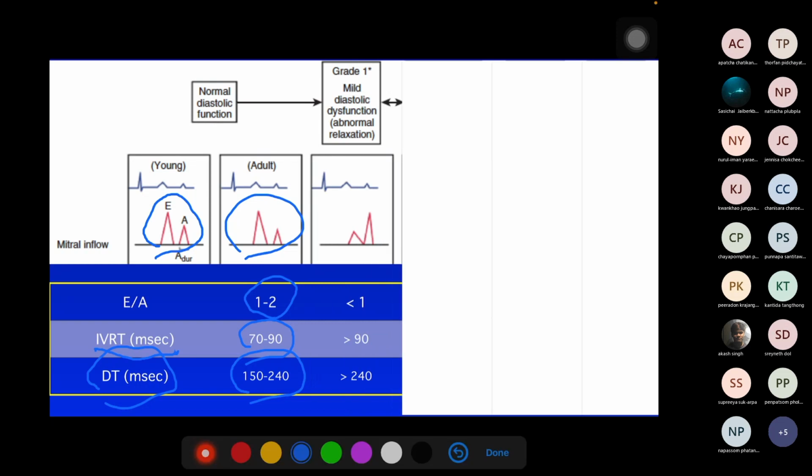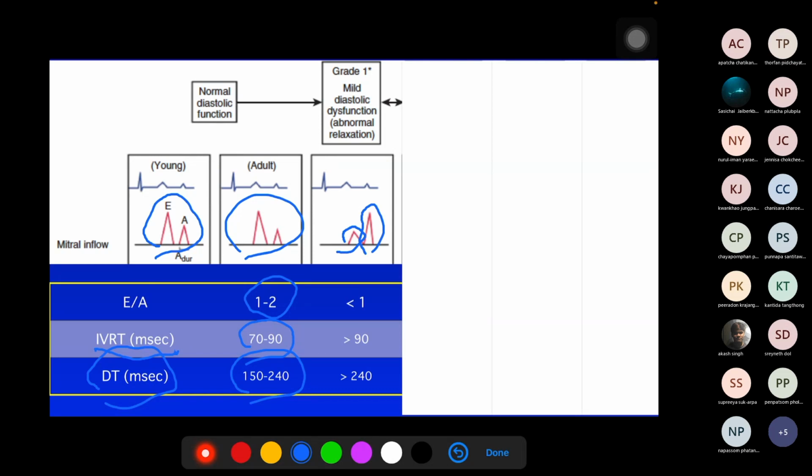Okay, when the patient has grade 1 diastolic dysfunction, grade 1 is abnormal relaxation. Abnormal relaxation means the patient starts with a little stiffness of the myocardium, and the myocardium has abnormal relaxation. When the patient has abnormal relaxation, the E wave velocity is decreased and the A wave velocity is increased.